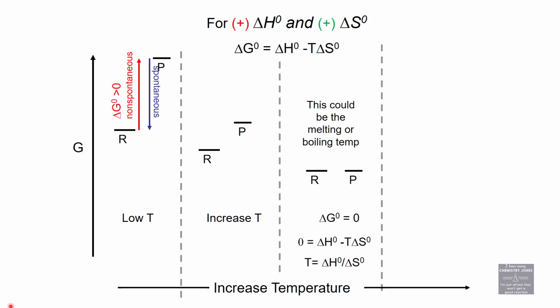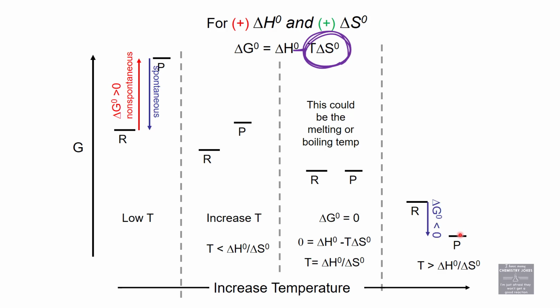Okay, so if I continue to increase temperature, remember we are subtracting this T delta S term. And so as I increase temperature, this T delta S term grows larger and larger and larger. And because we are subtracting, eventually delta G becomes negative. Eventually, reactants are on a higher shelf than products, and delta G becomes negative.